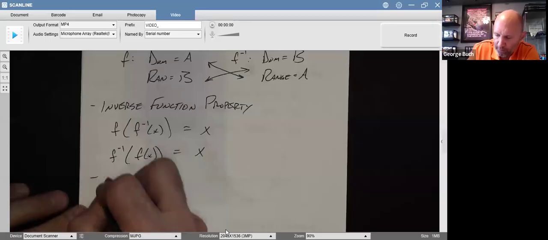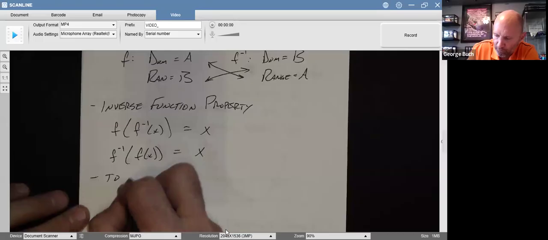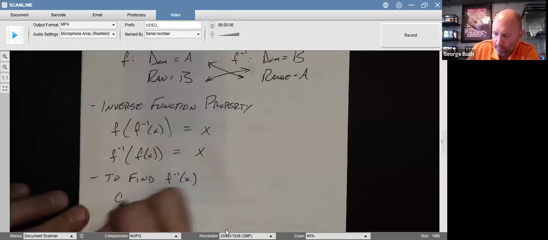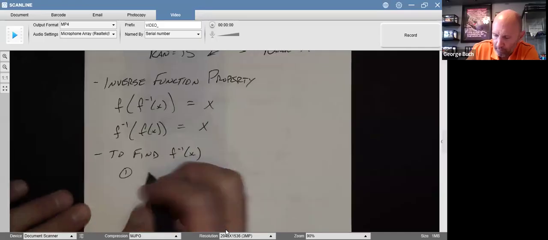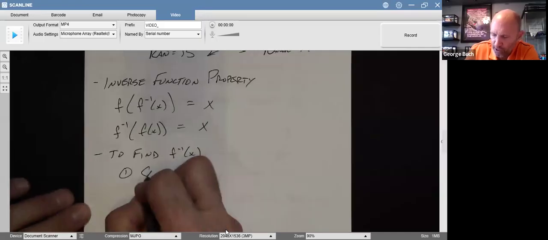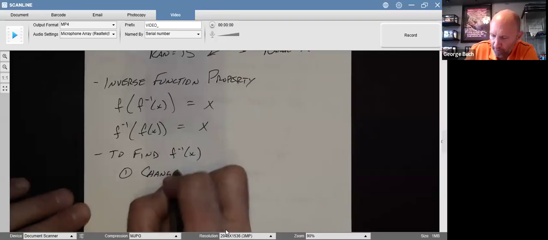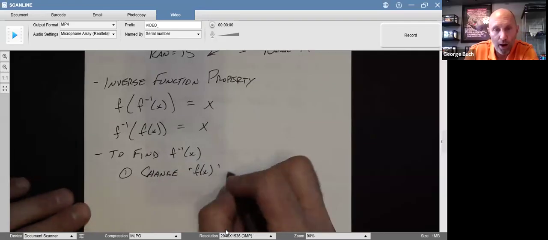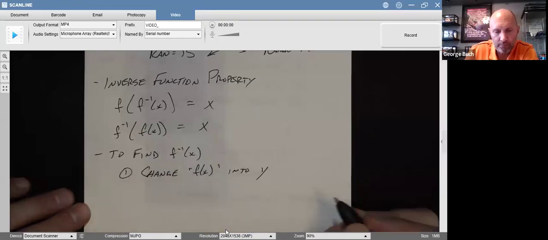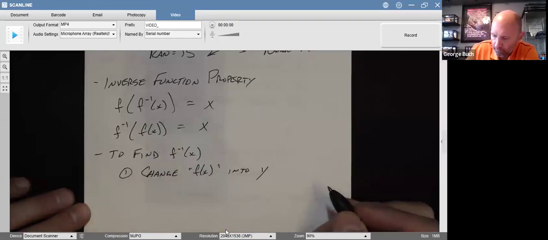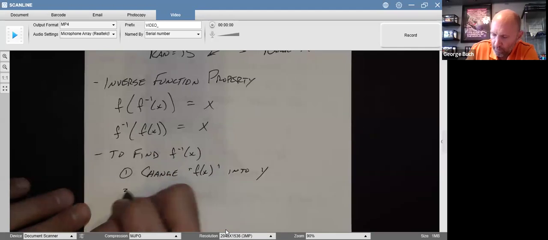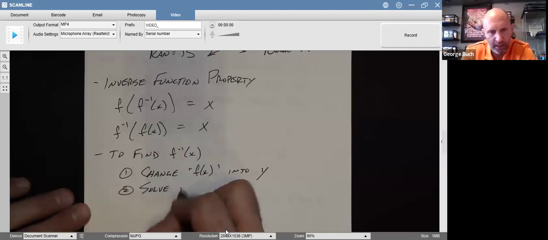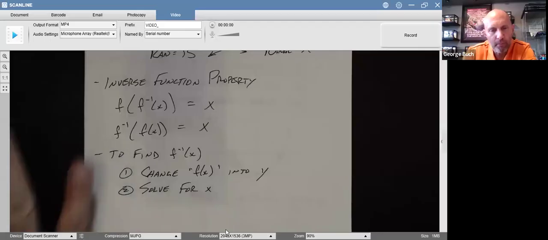To find f inverse of x, the first thing we do is change the f of x into a y. We then solve for x, so move all the pieces around to get x by itself.